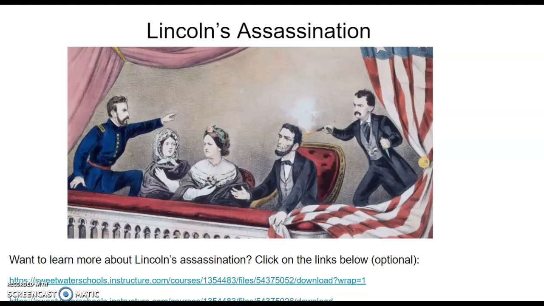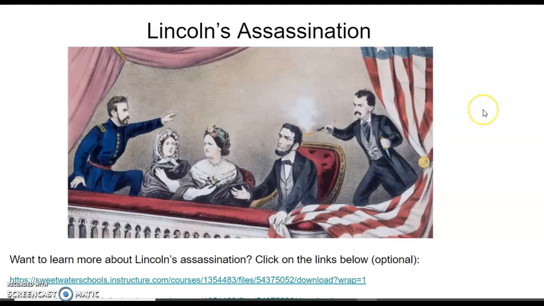And the person here you see goes by the name of John Wilkes Booth. He was a famous actor at the time. And by actor, I don't mean that he was in movies because this was way before that time, but actors would go on stage, like in Broadway plays and things like that, and would act to a live audience.